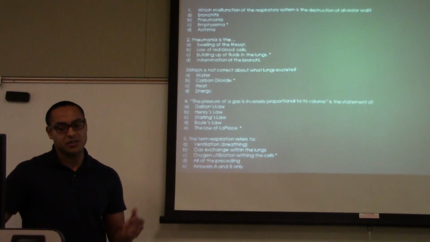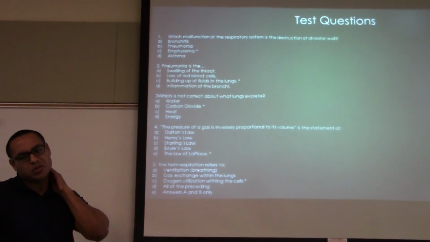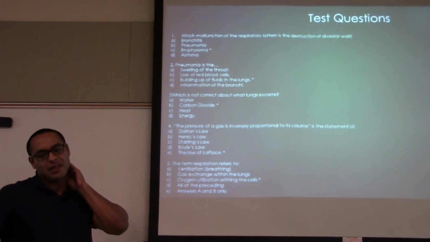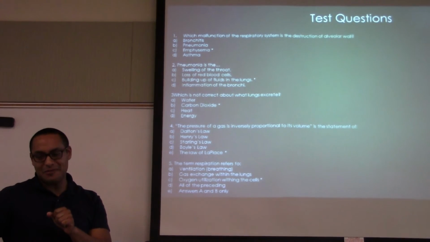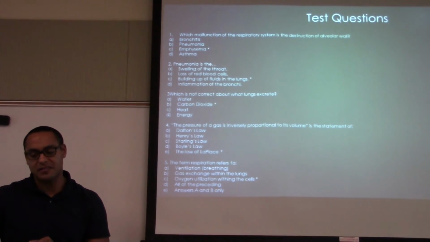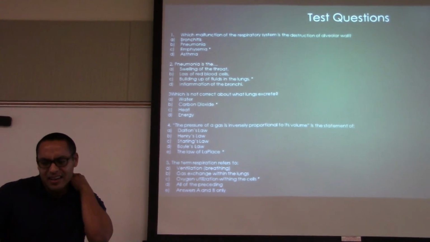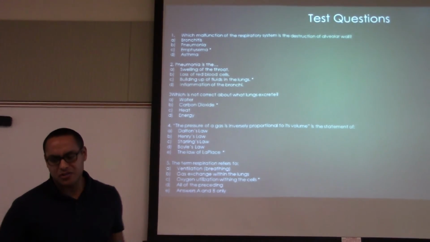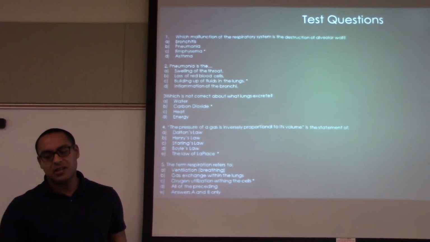Your body excretes CO2. The pressure of a gas is inversely proportional to its volume is a statement of the law of Laplace. That was a very different, interesting question, and it's a very interesting law. And the term respiratory refers to C, oxygen utilization within the cells.